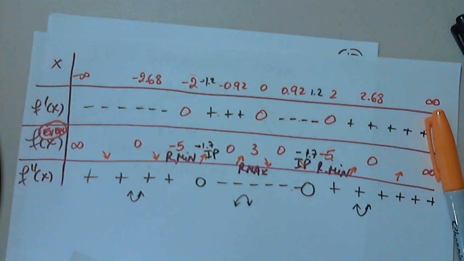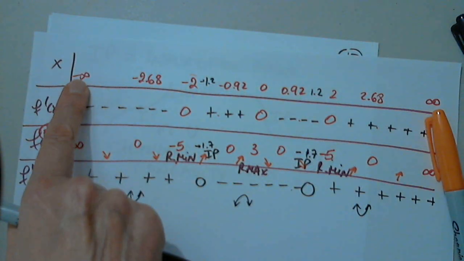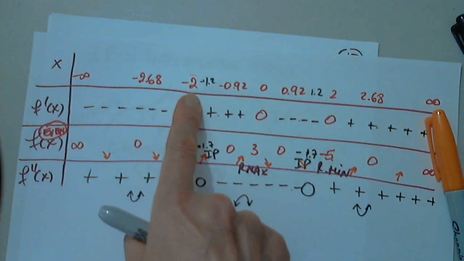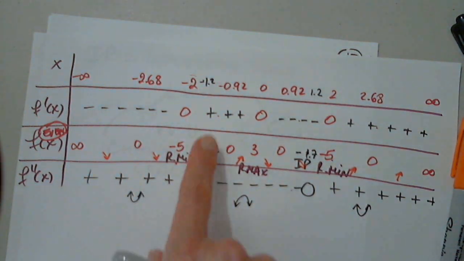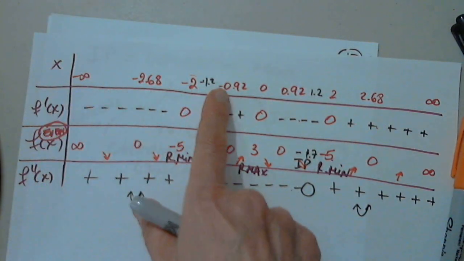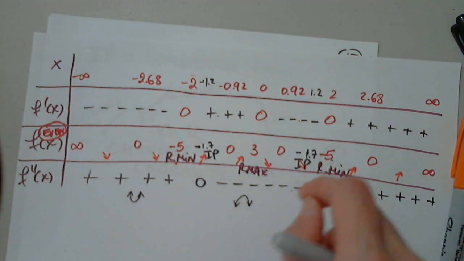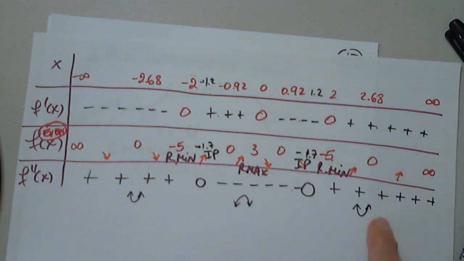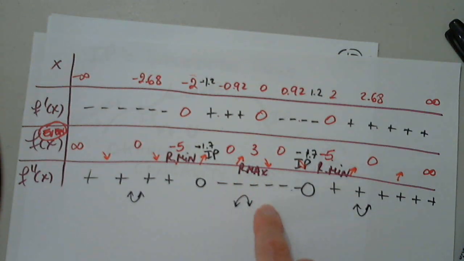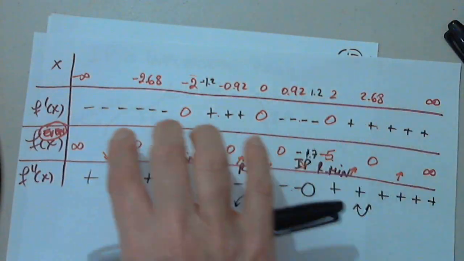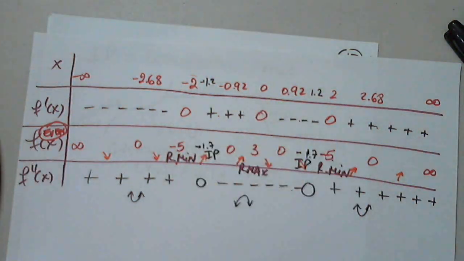You don't have to separate and write it down. It's very clear to me. You put the symbol. I know that between negative infinity and negative 1.2, union 1.2 and infinity, the function opens up. Between negative 1.2 and 1.2, the function opens down. This is in the table. You don't have to write anything else. If you fill out the table, I'm happy.